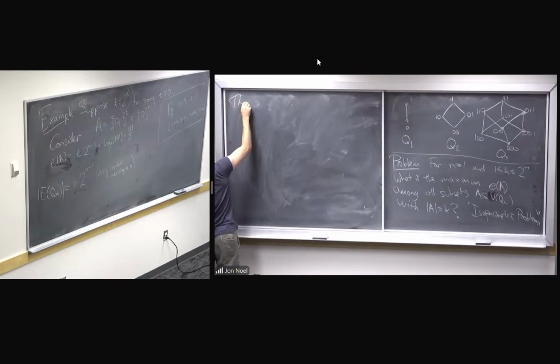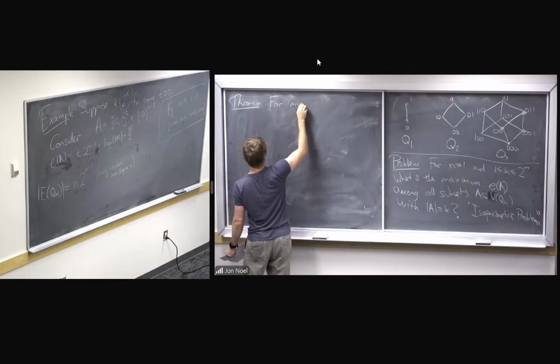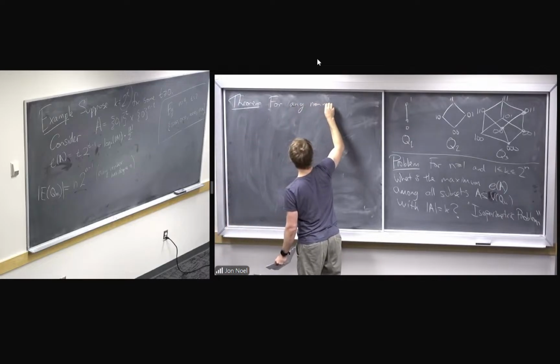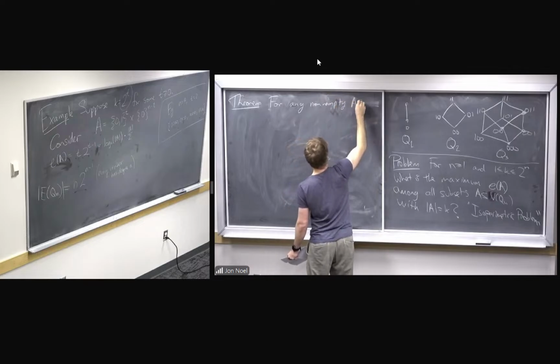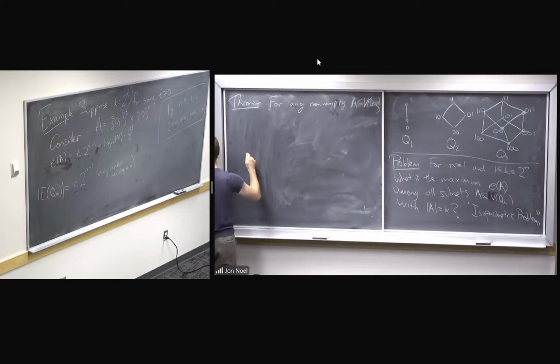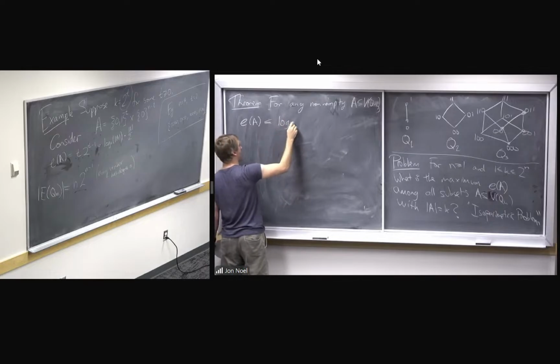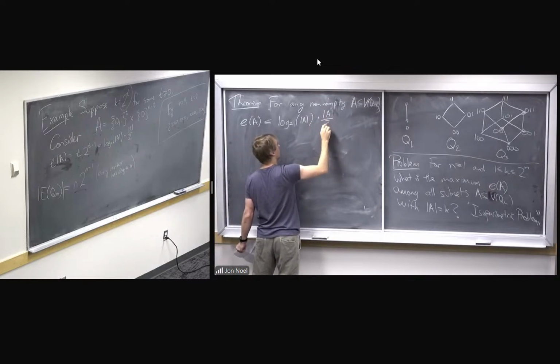So, theorem. For any non-empty set A in the vertex set of the hypercube, the number of edges contained in A is at most log base 2 of the cardinality of A, times the cardinality of A, over 2.